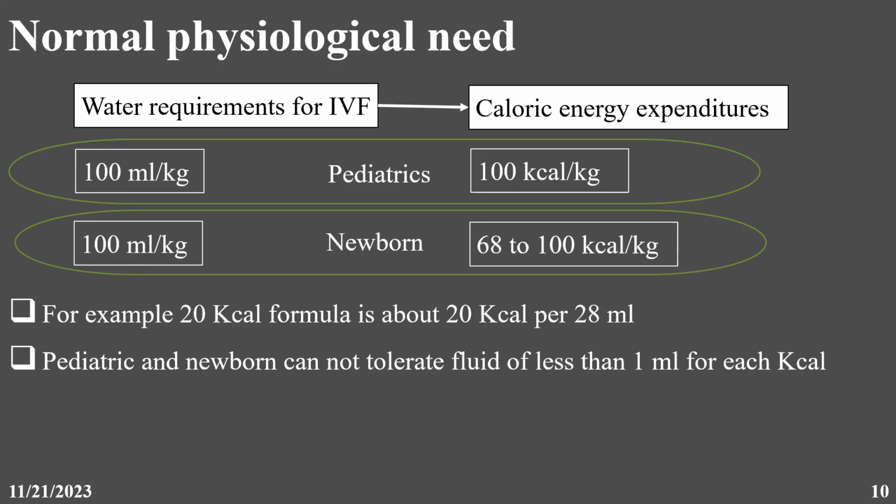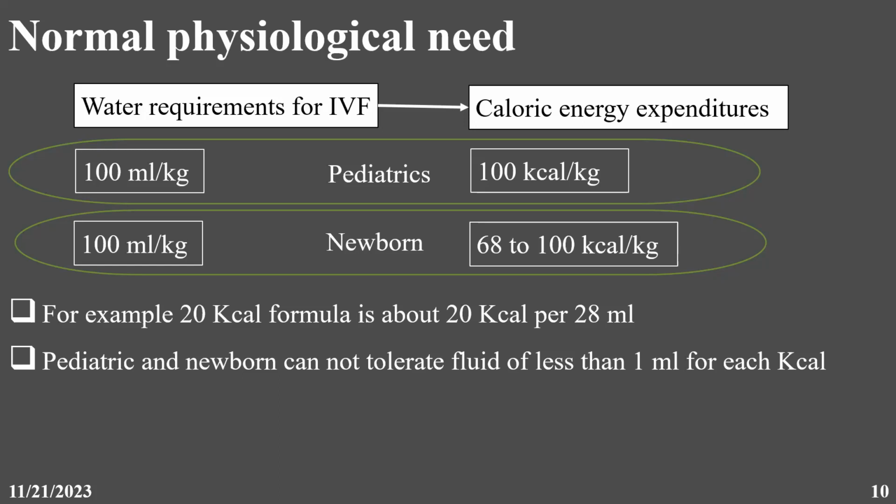The water requirement of IV fluid is based on calories. In pediatrics, we can get more calories with less fluid. However, in neonates, we need more fluid to get the calories.